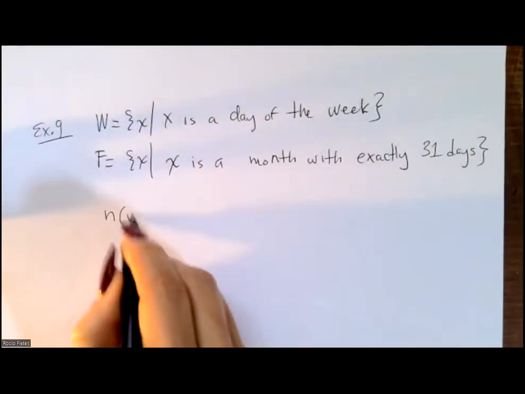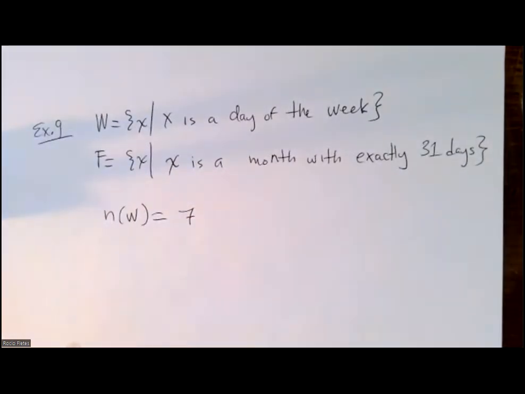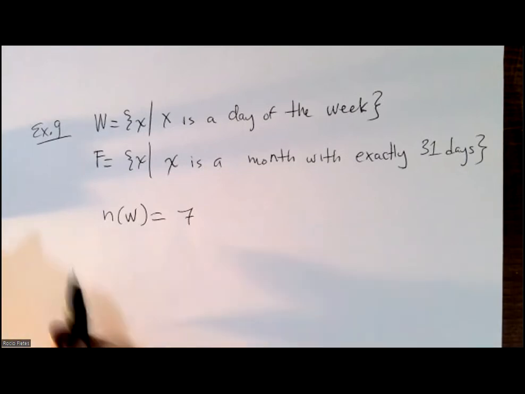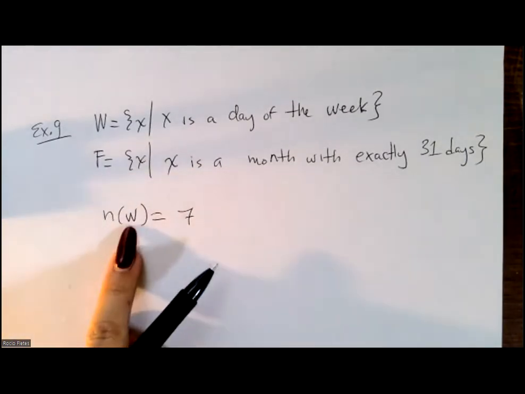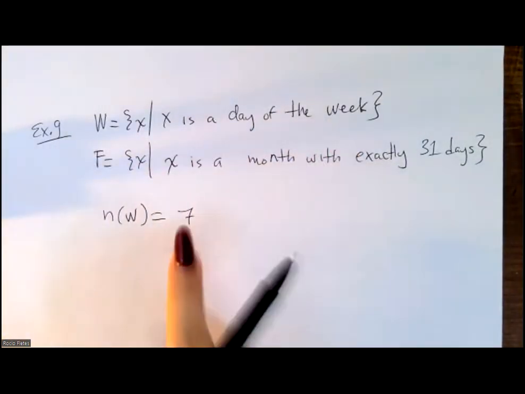Okay, I know the cardinality of W is 7. Now, I know these sets are not going to be equal because the elements are not going to be the same. Okay, so we know they're not equal sets, right? But we want to see what the cardinality is. Well, we know it's 7 days in a week, so the cardinality is 7.